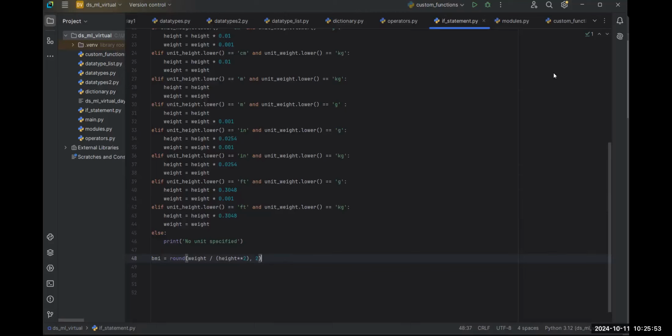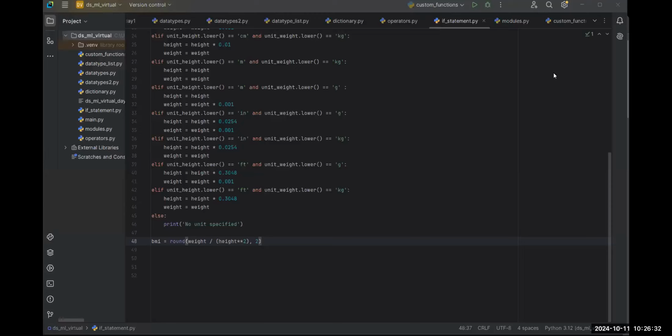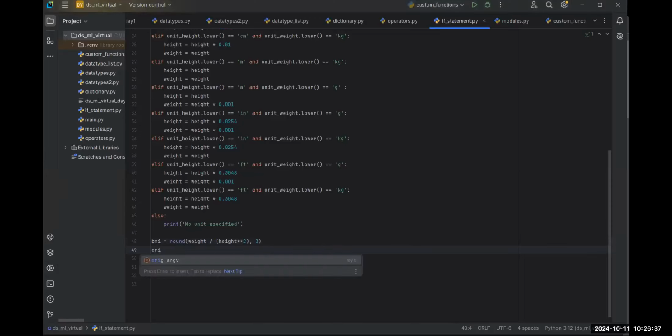Now, I want to ask if you understand. Now, let's print an empty space, just in case we have someone who didn't specify their unit. So now we are going to print. We have built an app.